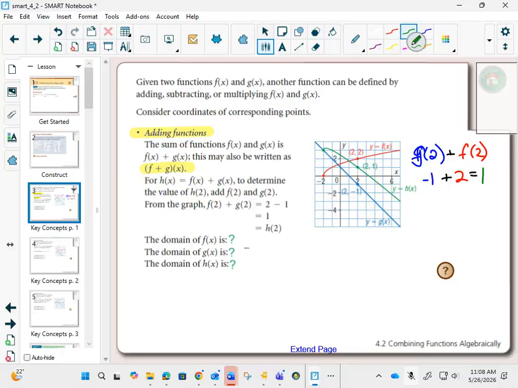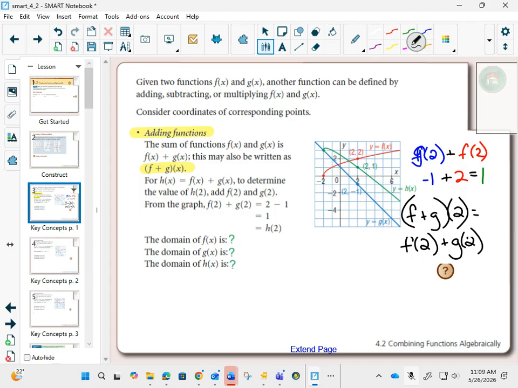Now, often what happens is you have these two different notations, and this second notation is harder to work with. So you could get the following question. What is f plus g of 2? And if it was written this way, what I would suggest is this means f of 2 plus g of 2.